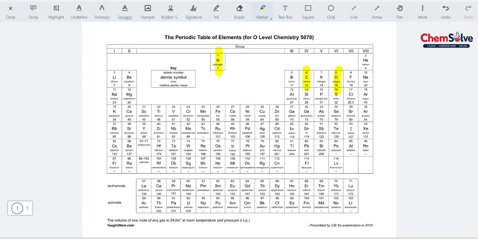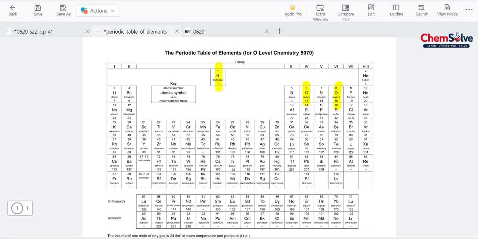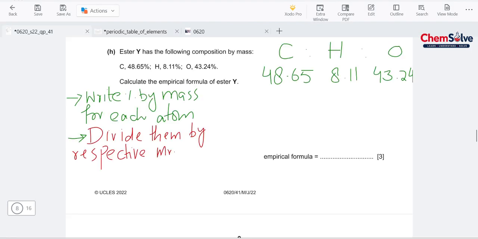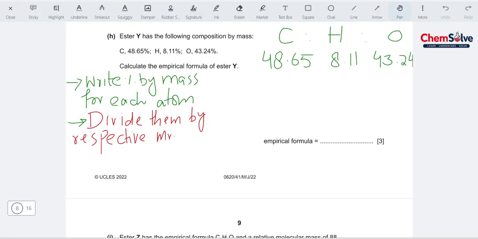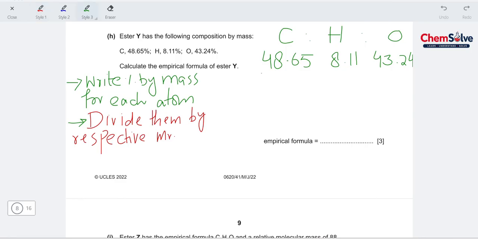I will move to my paper again. So it will be divided by 12, divided by 1, and divided by 16.